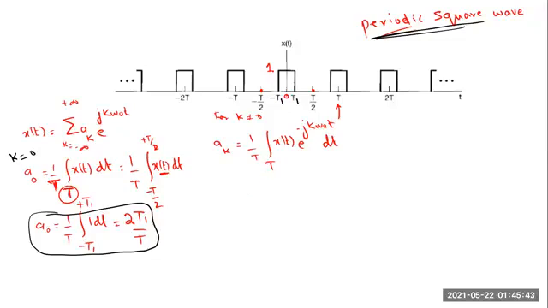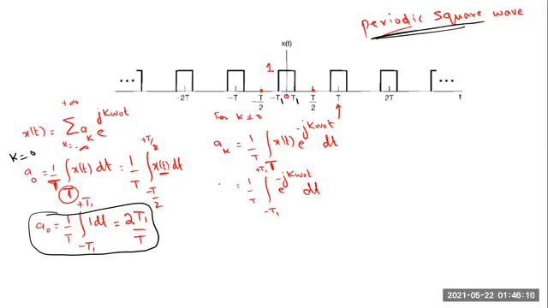Again, we have to integrate over an interval equal to 1 period. And again, for my convenience, I will take this interval minus T by 2 to plus T by 2. As a result, we only need to integrate between this interval where the signal is non-zero and it is equal to 1. We will be left only with this thing.